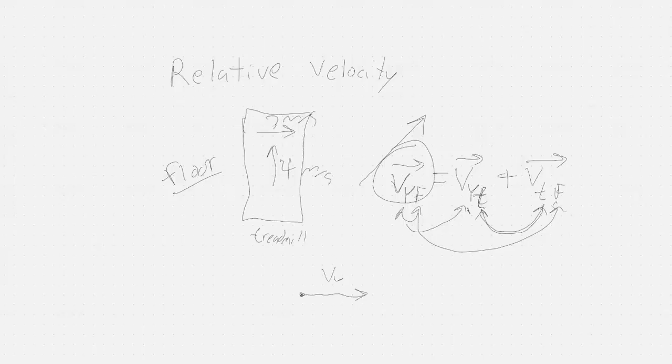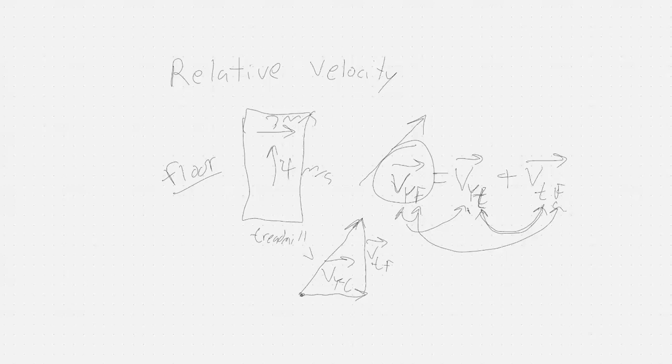Well, that's 4 meters per second up. And the vector sum, according to our equation, is what we want, which is the velocity of u versus the floor.